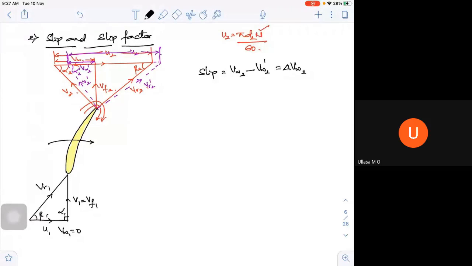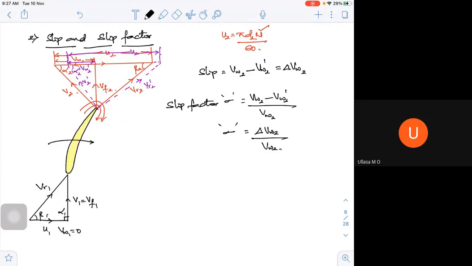Okay. What is slip factor? Which we have seen, maybe sigma. It is the ratio of your slip, that is, VW2 minus VW2 dash, to the ideal whirl velocity, or I call it delta VW2 by VW2.